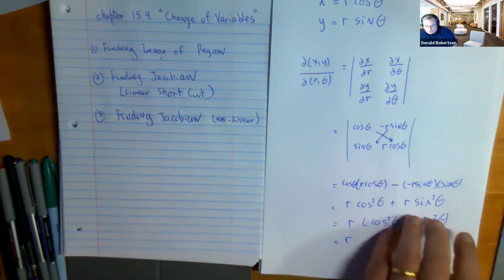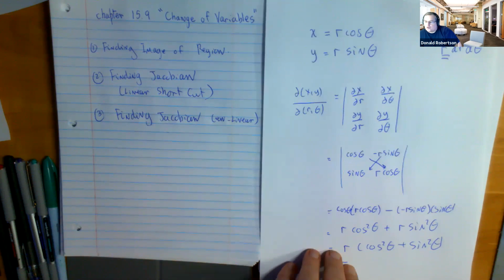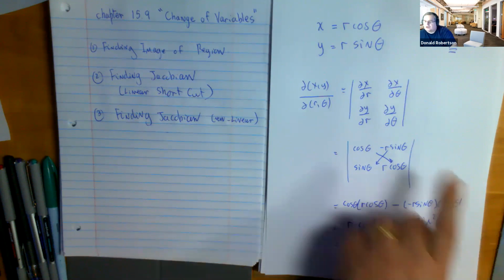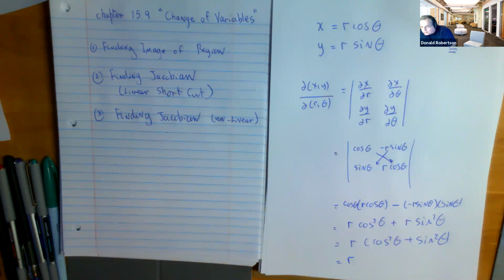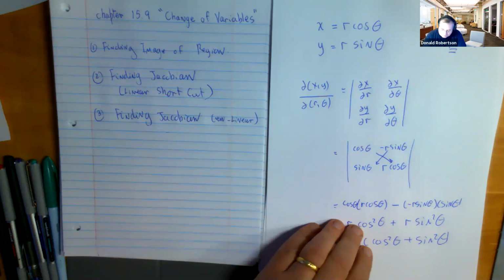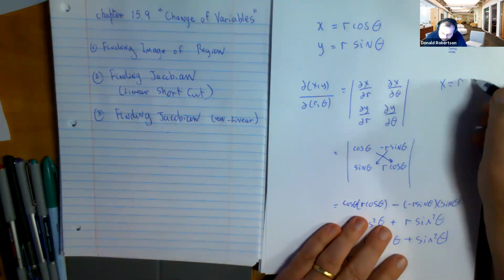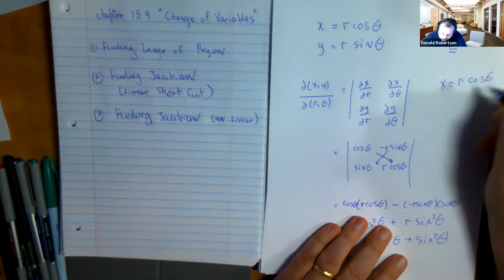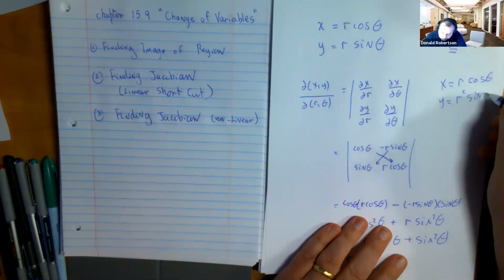Now, do you know that means you could invent your own coordinate system? Isn't this polar? Because it's got a name. But couldn't you invent a new coordinate system? Couldn't you do a coordinate system where x was r cos theta, but y was r squared sine theta?